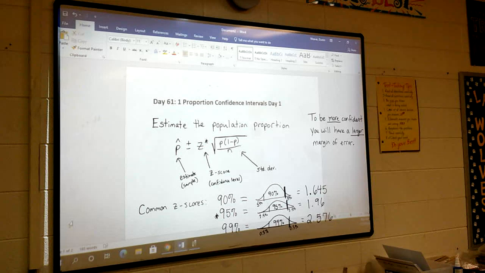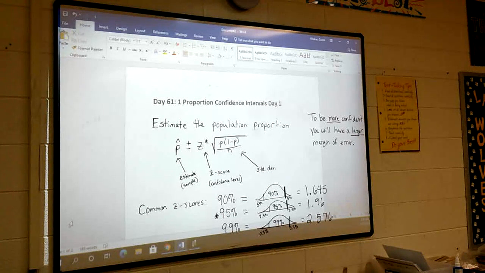So I'm a lot more confident that I can throw it in that trash can because I can miss and still hit the target, right? I can have a larger margin of error. That was pretty good, though. I'm not as confident that I can throw it in the jar because if I miss by just a little bit, then it's off, right? But I'm more confident I can throw it in the trash can. So that's what it means.